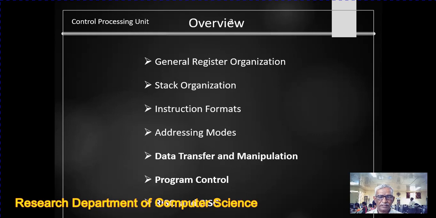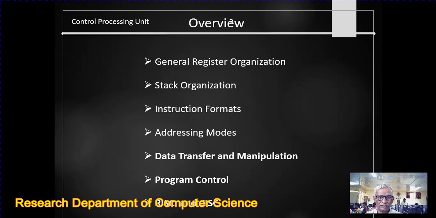In that format, the address, instruction mode, instruction type and instruction addresses are mentioned as per the size of the instructions. And then addressing modes. There are a number of addressing modes: direct addressing, indirect addressing, relative addressing, index addressing, increment and decrement addressing.